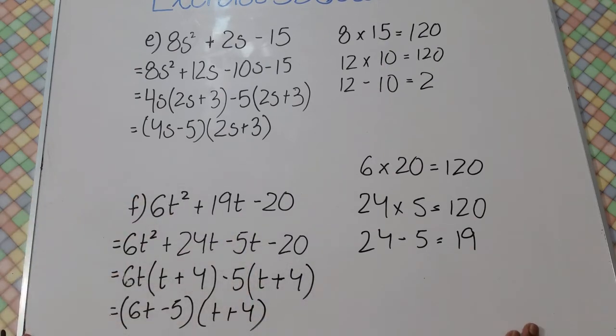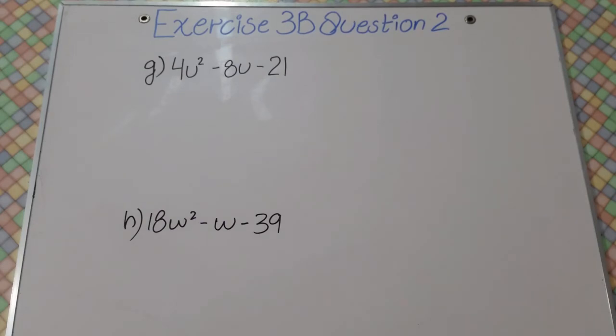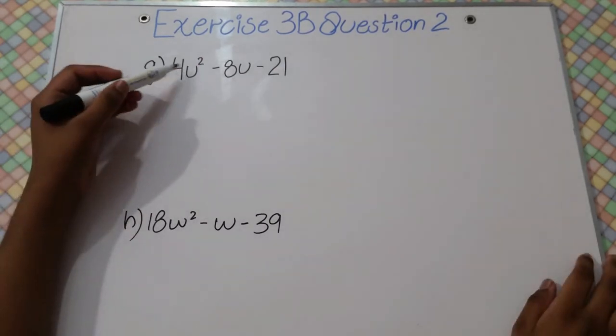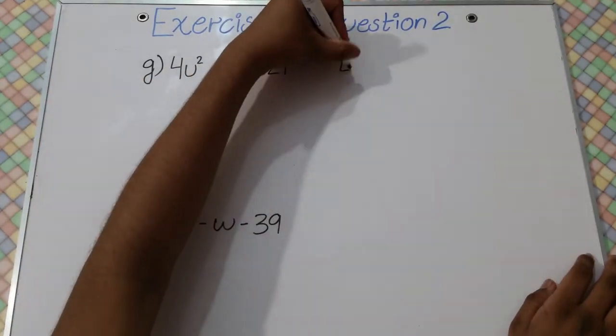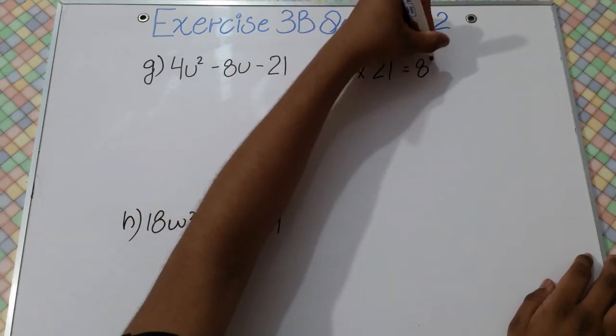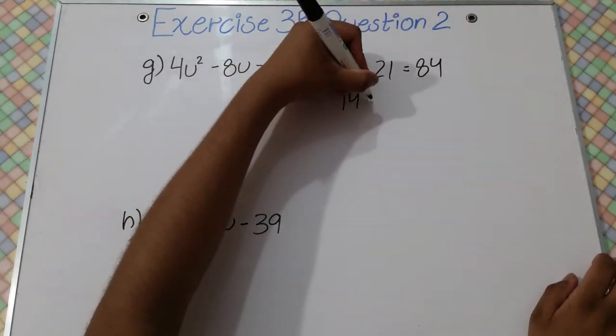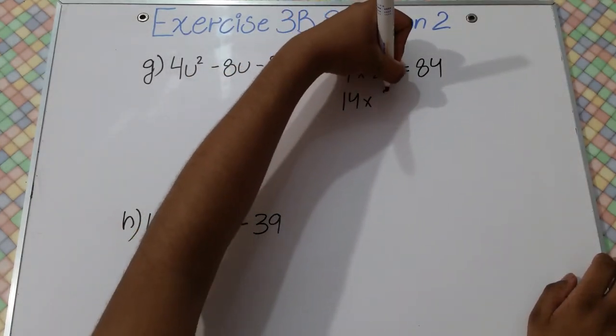So now let's move towards solving the last two parts. So over here I have written part G and part H. First of all I'm going to find the middle term. Okay, 4 multiplied by 21 is 84. Now the numbers by multiplying we get 84 would be 14 multiplied by 6.